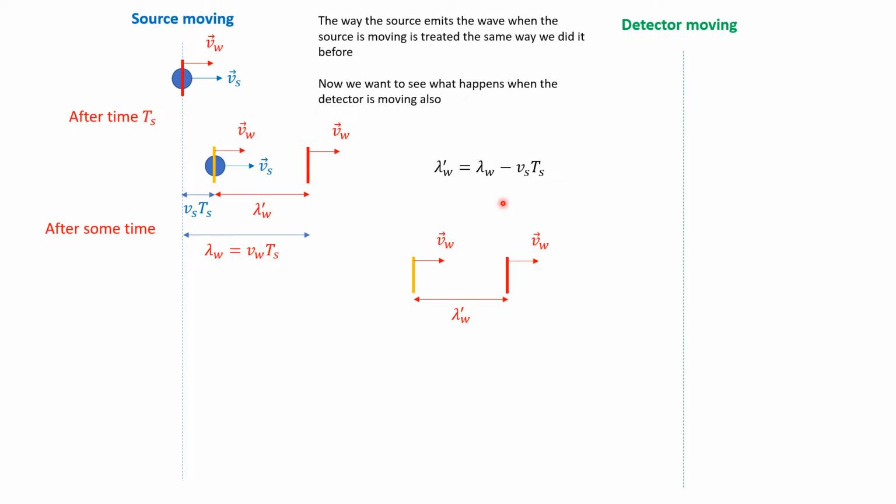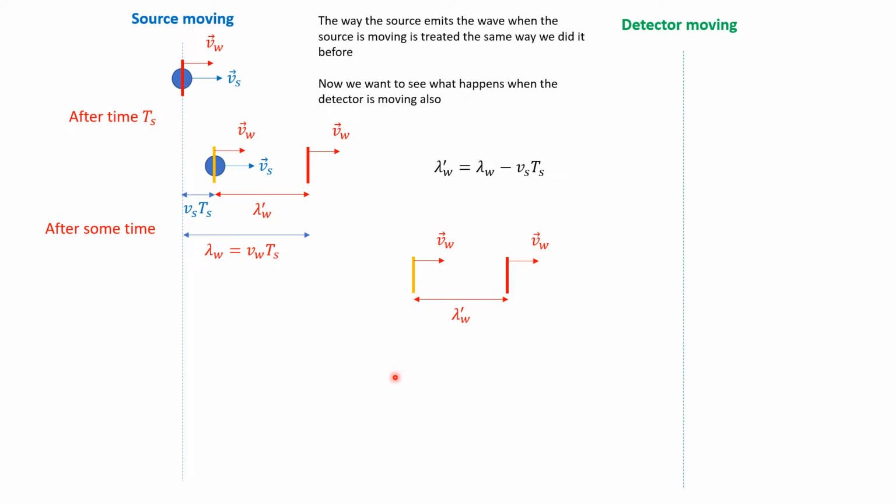We already did this in detail. This part is not going to be different, because it completely depends on the source. Once it emits the waves, the wavefronts move with that same speed vw, and the distance between the wavefronts stays the same, lambda prime. So this part is exactly the way we did it before.